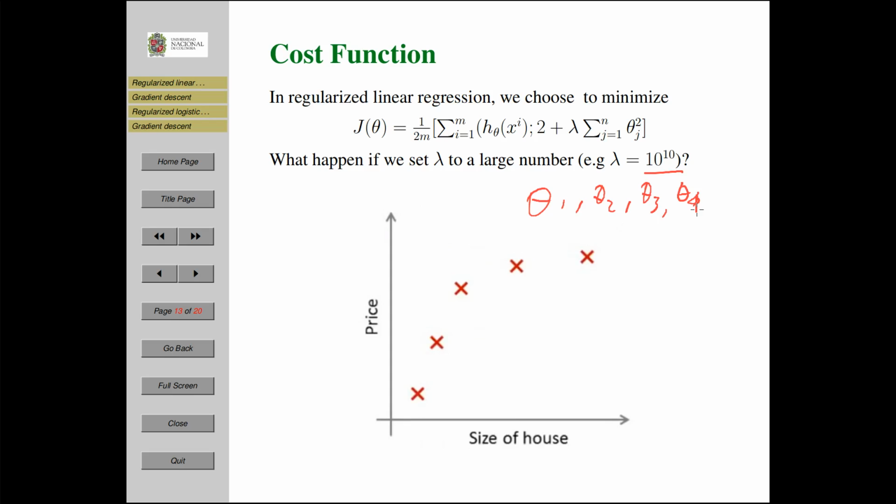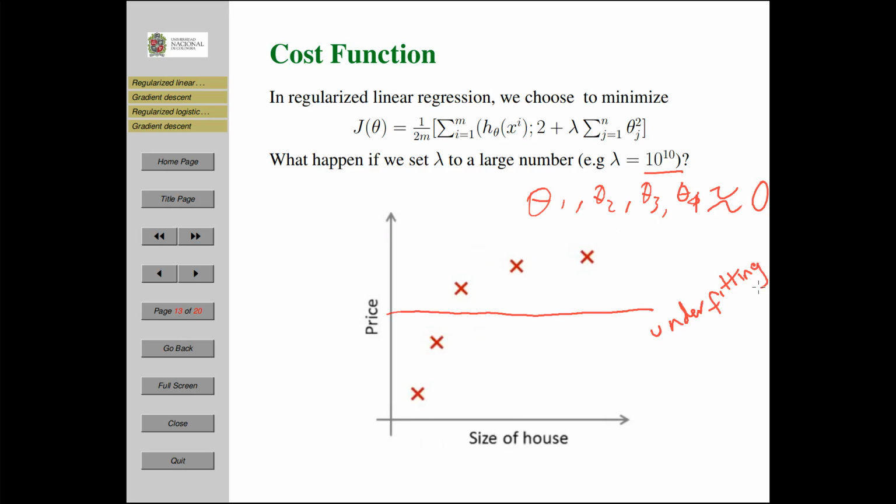And if we do this, all these parameters will be close to 0. We end up with a straight line, because only theta0 remains, and this is an example of underfitting, and the result is a hypothesis with high bias.